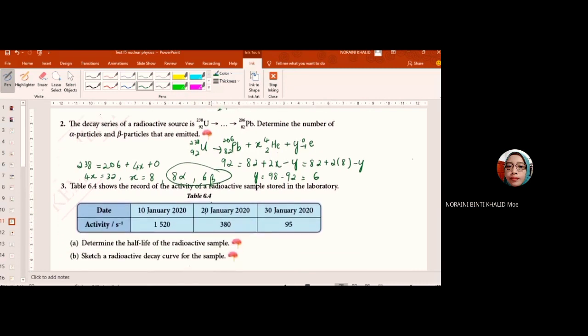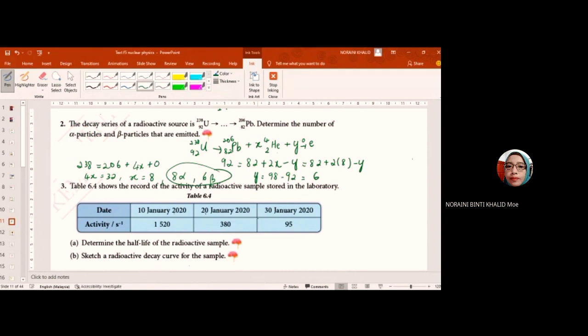Okay, number 9. The table shows a record of activity of radioactive samples stored in the lab. Determine the half-life of the radioactive sample. You can use the method of a schematic diagram, or you can use the method of calculating the fraction left to determine the half-life. For example, I choose this one from 10 January to 20 January.